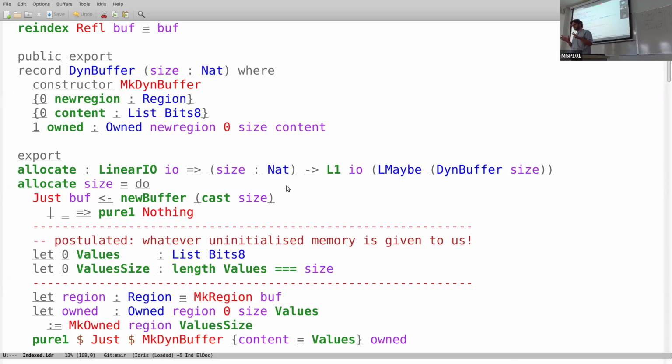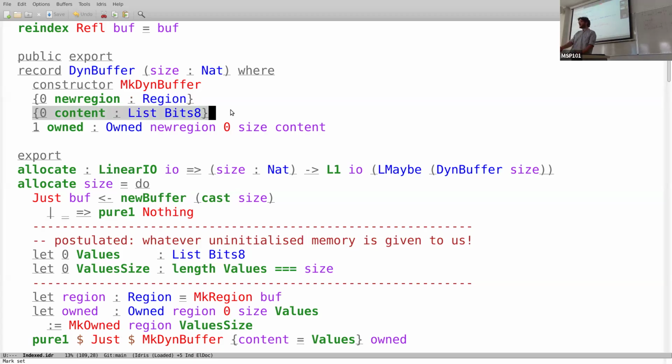Yeah, no, but here it's very important that you don't export the implementation, because you can see that when I allocate a buffer, for instance, I'm postulating the values that will be the content of the buffer. I mean, in practice it turns out that it's all zeros, but let's not build this into the library. So here you get back what is essentially an existential type telling you there is a region and there is some content in there.